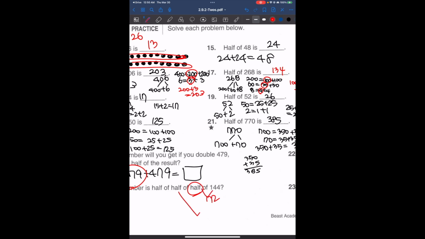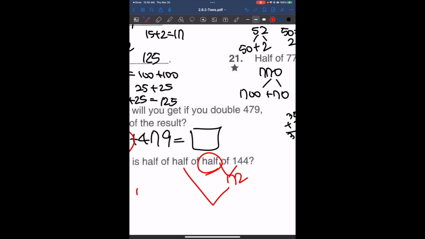Now we need to take the half again. So that's 70 plus 2. So 35 plus 35 is 70. 1 plus 1 is 2. And so half of 72 is going to be 36.